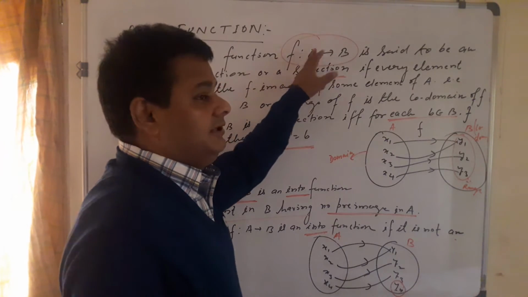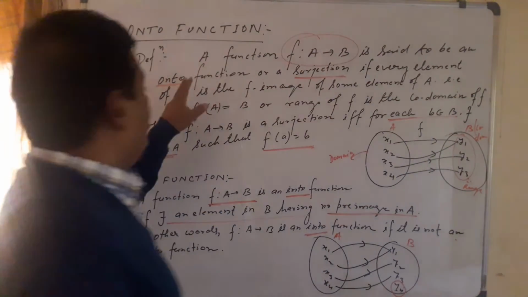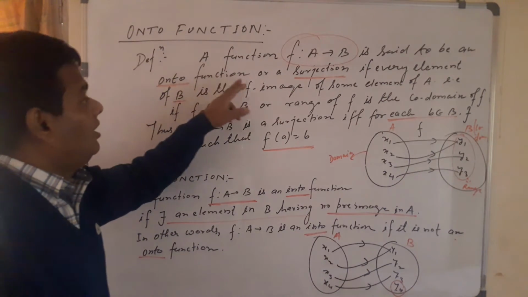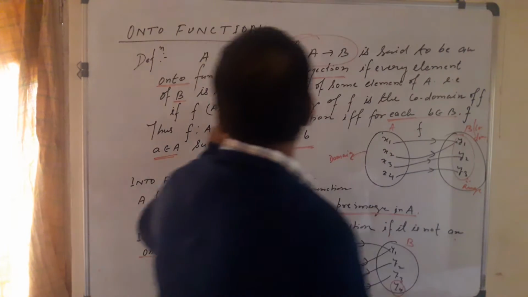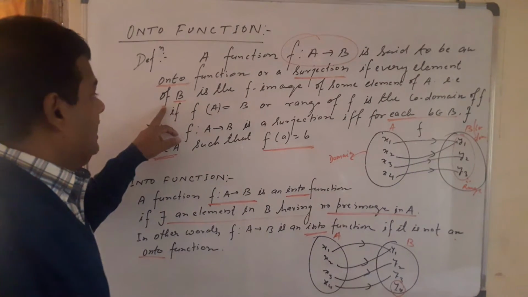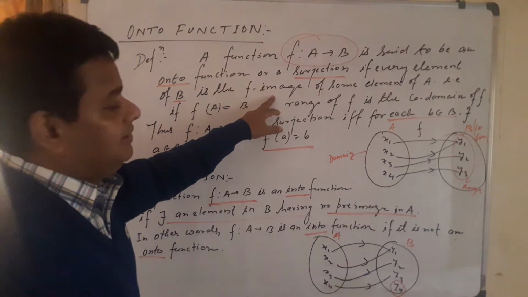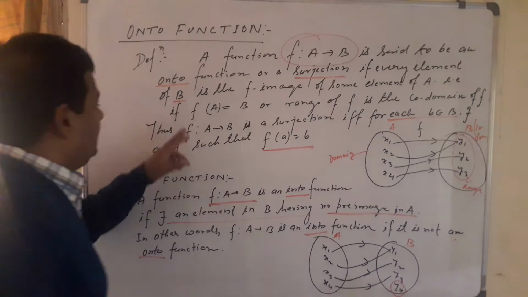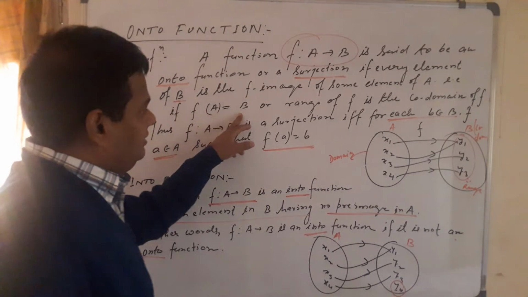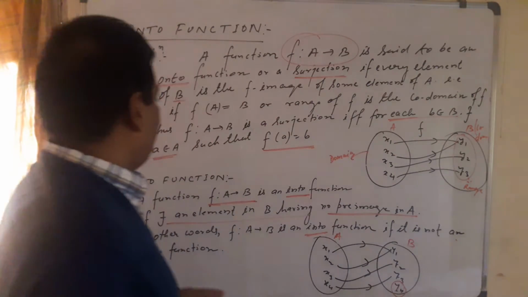A function f: A to B is said to be an onto function or surjection if every element of B is the f-image of some element of A, that is f(A) equals B, or the range of f is the codomain of f.